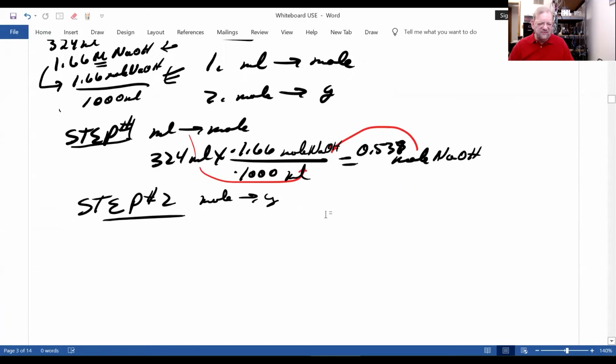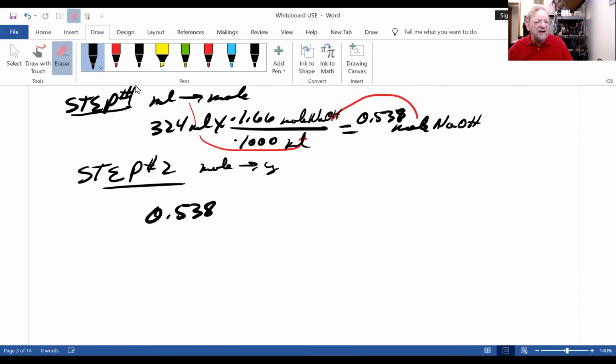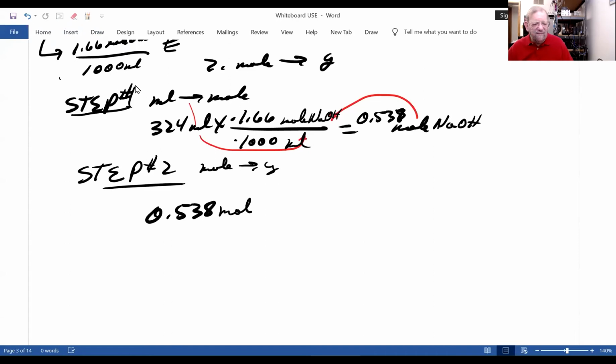In this case, we just figured out we have 0.538 moles of sodium hydroxide. We want to get to grams of sodium hydroxide.